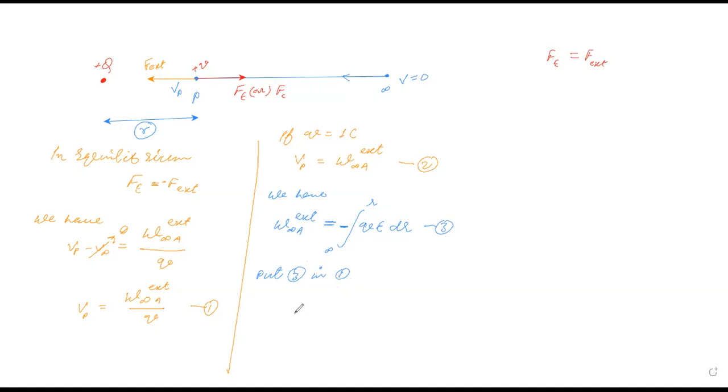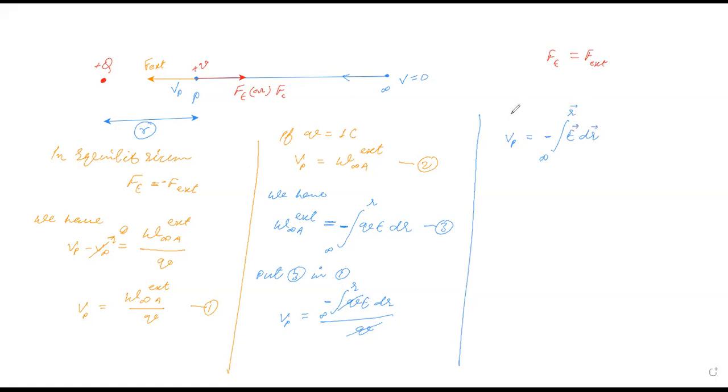When you put it, you get V at P is W from infinity to A, which can be written as the integral from infinity to R of Q E dr over Q. This Q is cancelled with Q. We get V at P is equal to minus the integration from infinity to R of E dot dr. Are you understand?